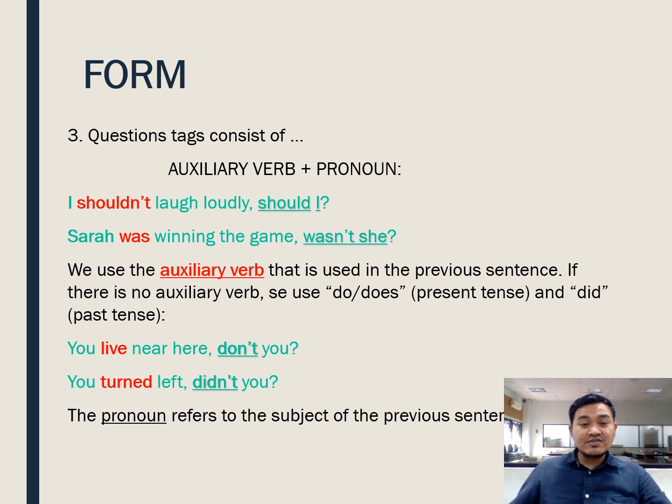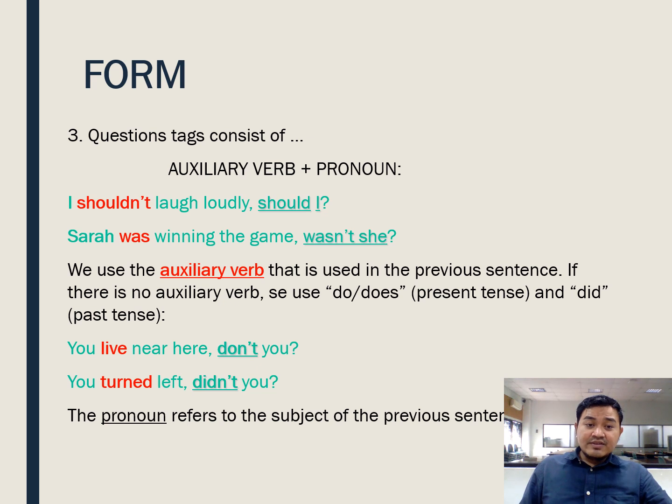If there is no auxiliary verb, we use does or do in the present and did in the past. It would be much simpler to identify the question tag when the auxiliary verb appears, yet you need to think more to find the question tag when you don't see the auxiliary.